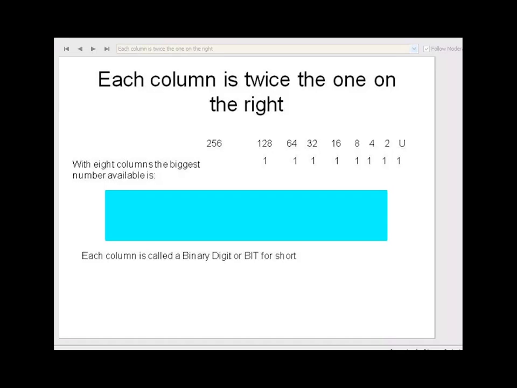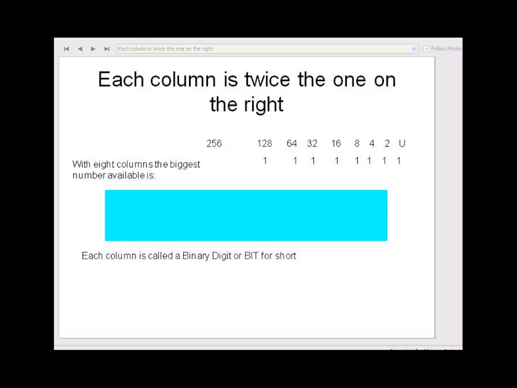So, each column is twice the value of the one on the right. Here are the columns with their values above them in decimal. What I've got here is 8 columns, what we call an 8-bit word.